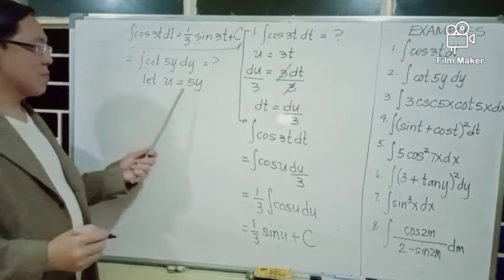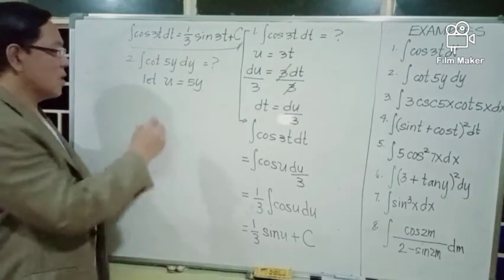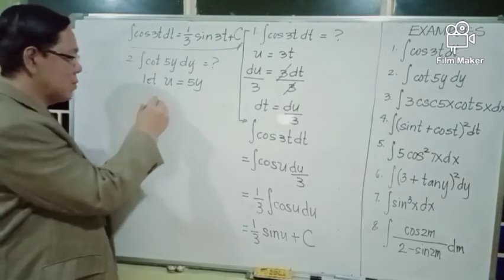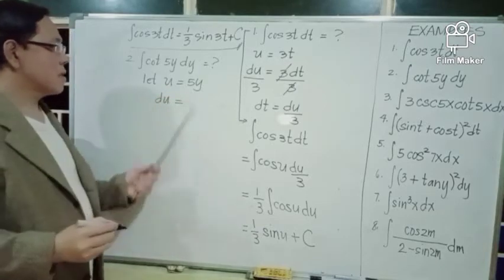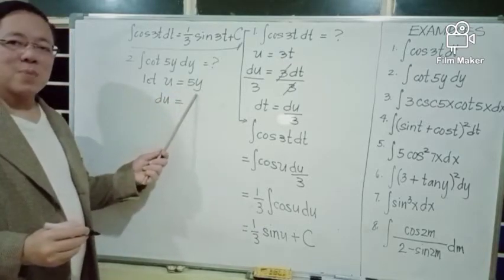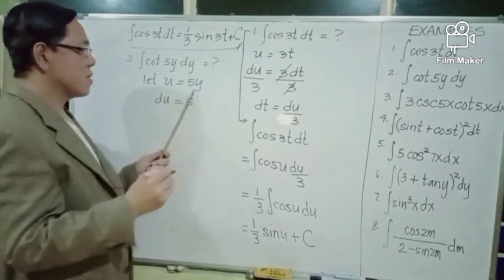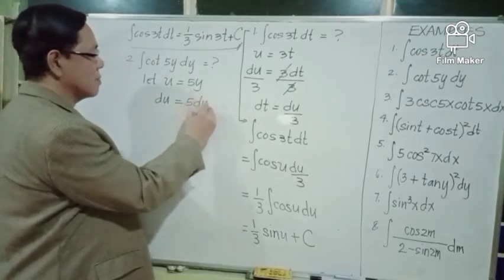We get the derivative of both sides. The derivative of u is 1, and we multiply 1 by du. The derivative of 5y with respect to y is 5. And since we differentiated with y, we indicate that by writing dy.